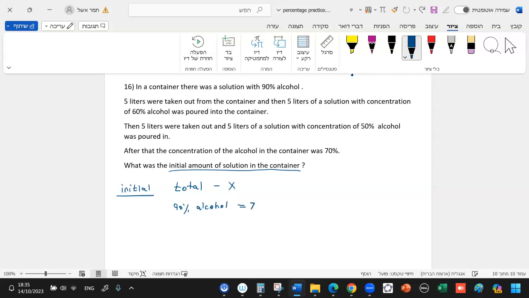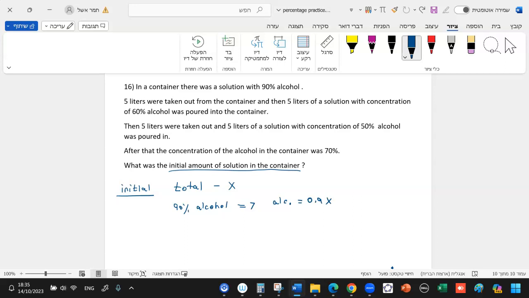From here, we can write an expression for the amount of alcohol. This is just 0.9x. Okay, so we have a total of x and then 0.9x.